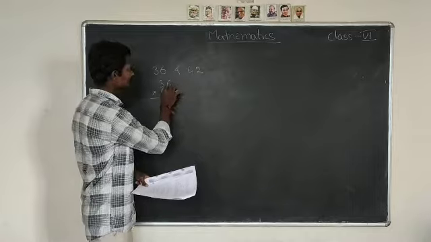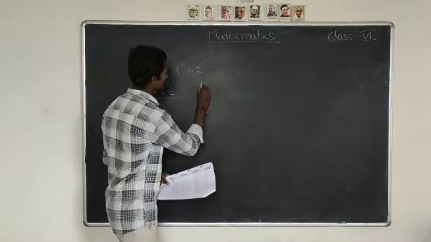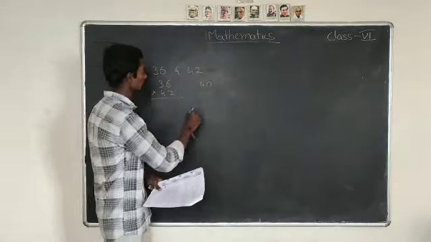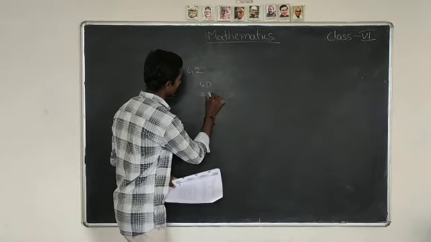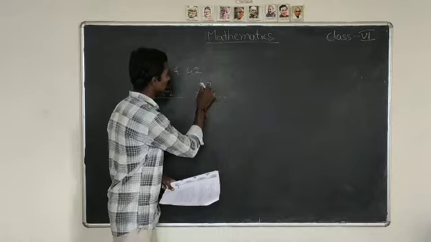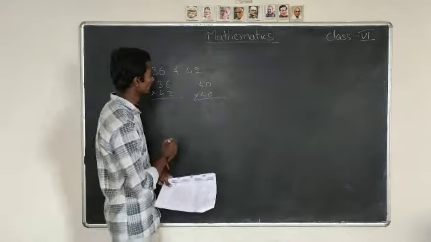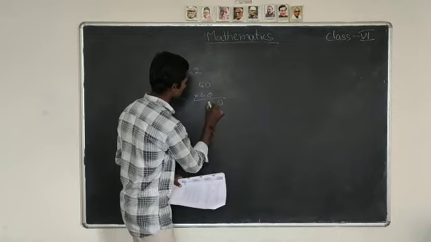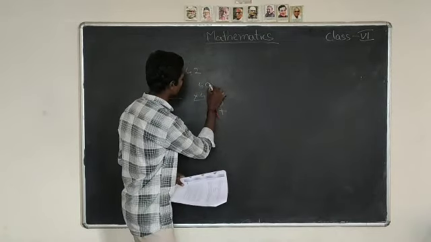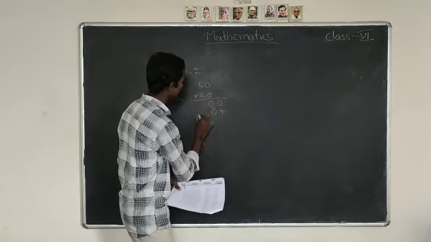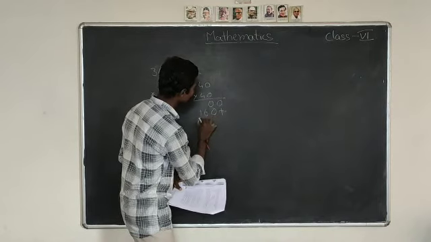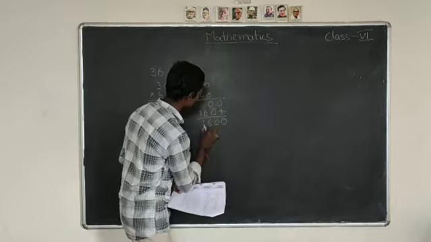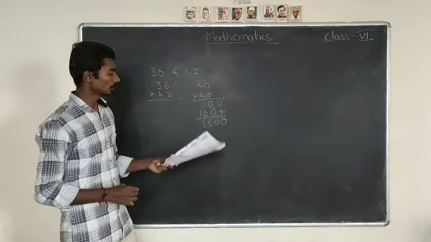This number is nearest to 40, and this number is also nearer to 40. In this case, if we multiply these numbers, what will we get? 0 into 0, 0, 0 into 4 is 0, plus 4 into 0, 0, 4 into 4, 16. So the answer is 1600.